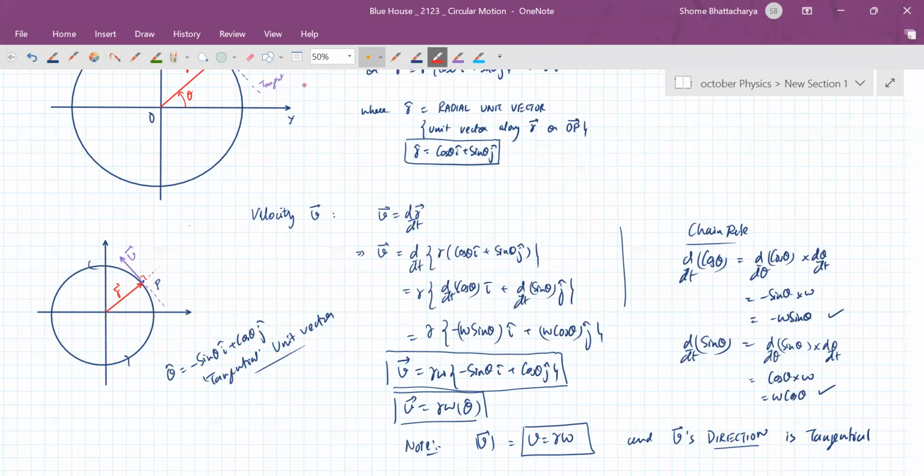If at a later time the particle is located somewhere here, so its position vector has become r1, then at that instant the velocity vector will be along this, such that it is perpendicular. So always this relation will hold true, that the velocity's direction is tangential, hence perpendicular to the position vector.